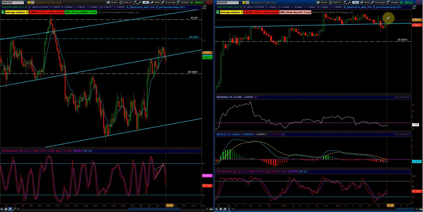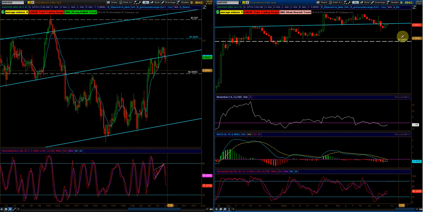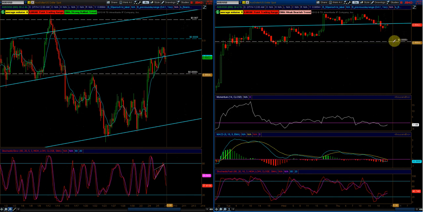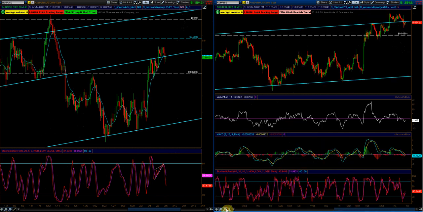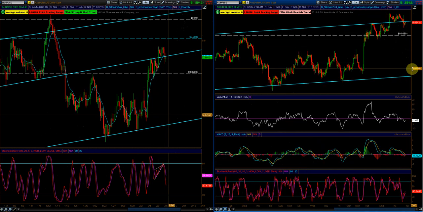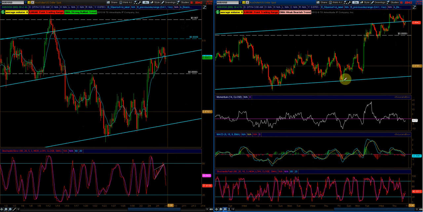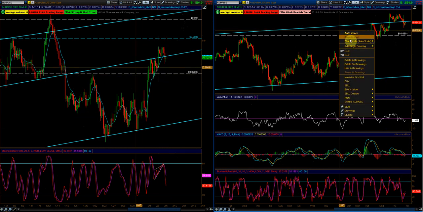My stop is just around 89.59, and for my initial first target, I'm going to hold on to the position longer than that, maybe shave off one or two contracts, at 88.88. Beyond that, my second and last target would be somewhere in the middle of this channel. So let me move this over for you.